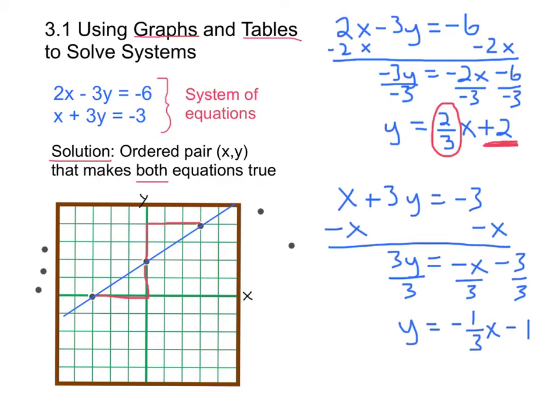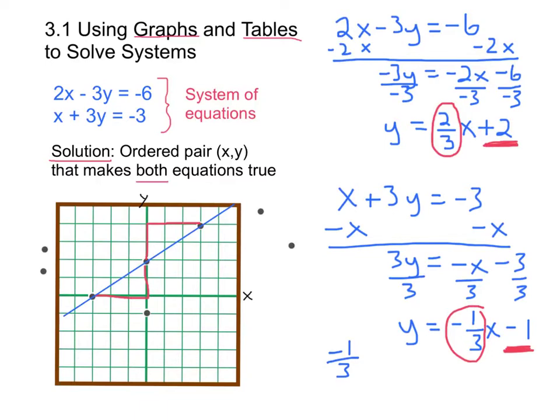Now in this case, the y-intercept would be negative 1, so we know that the line would intersect the y-axis right here at negative 1, and the slope is negative 1/3. Usually when we have a fraction like that, we'll put the negative sign in the numerator, so it's negative 1 over 3. That really means down 1 and to the right 3.